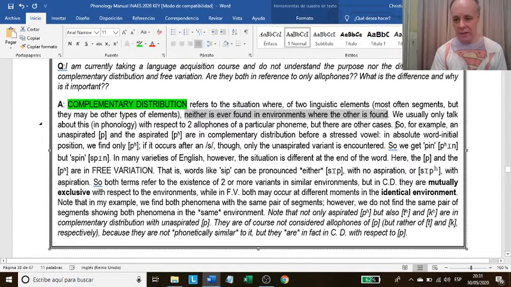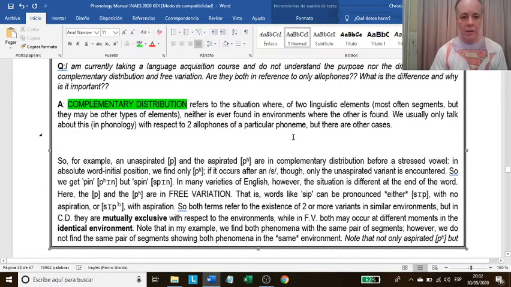and let's separate the example. For example, an unaspirated P and the aspirated P are in complementary distribution before a stressed vowel. In absolute word initial position, we find only aspirated P. If it occurs after an S, though, only the unaspirated variant is encountered.